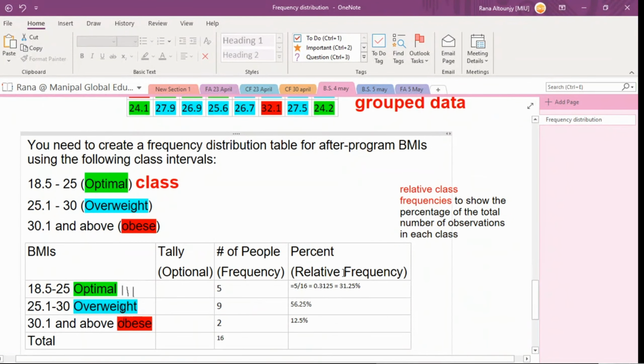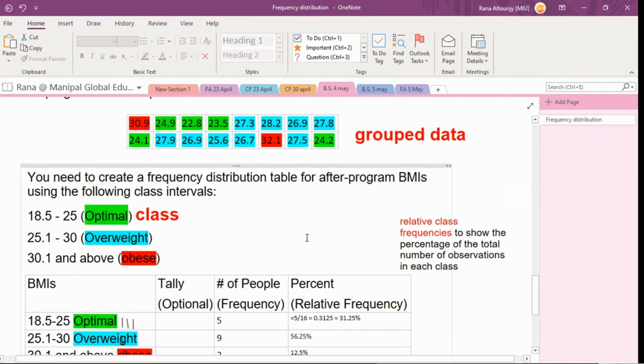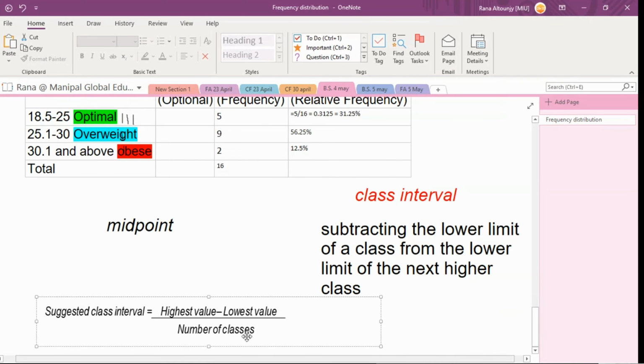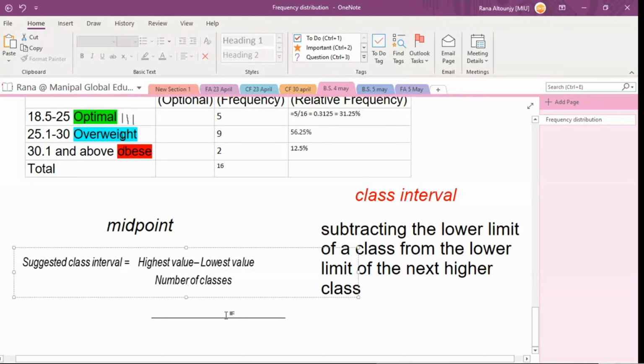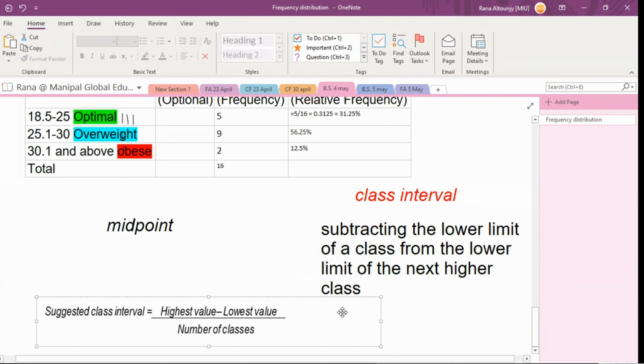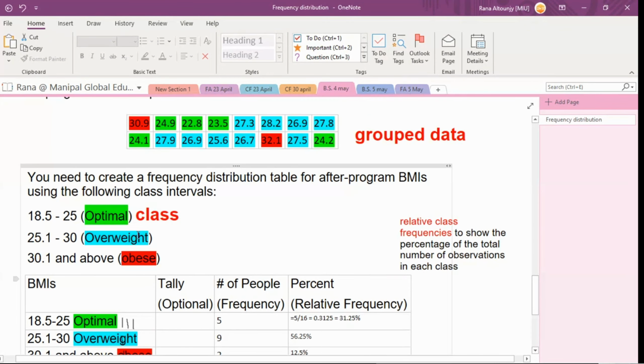So this is what we call the suggested class interval. We put the lower limit, add 3, and that gives the higher limit; then again we add 3 to get the next higher, and so on. So if we use this suggested class interval, which is 3.1 as we calculated, our lowest point is 22.8.